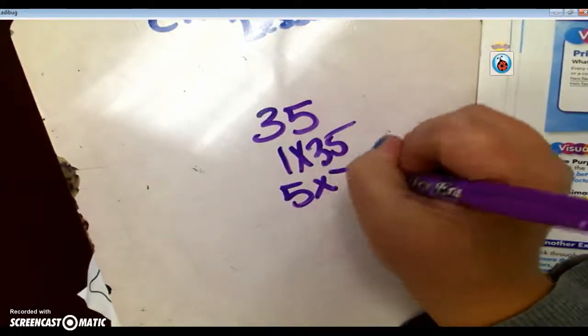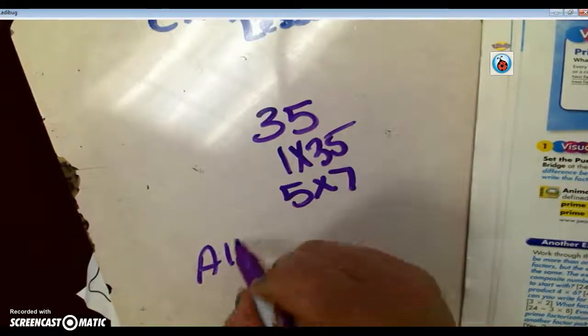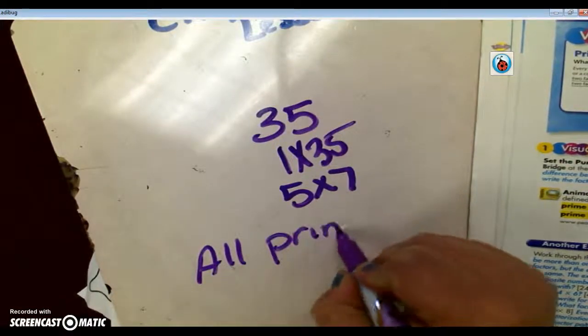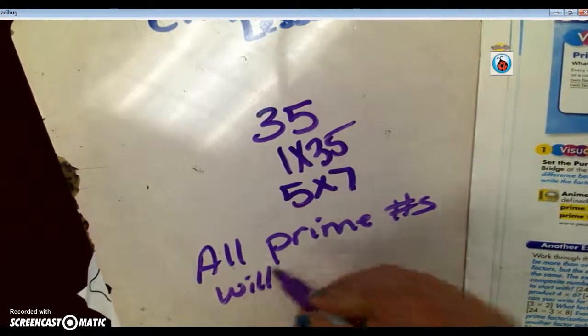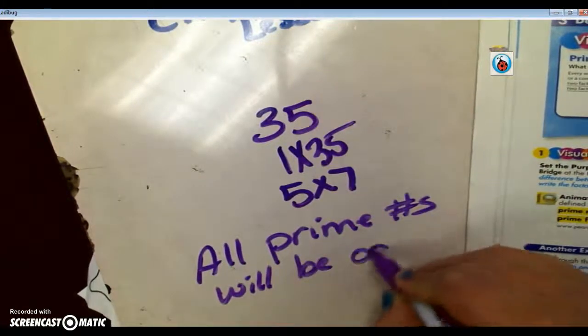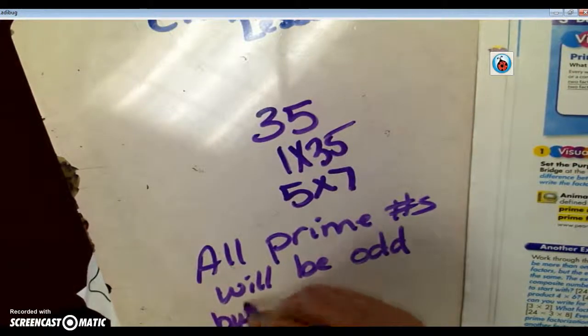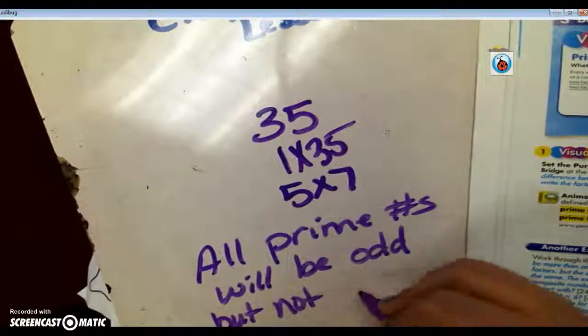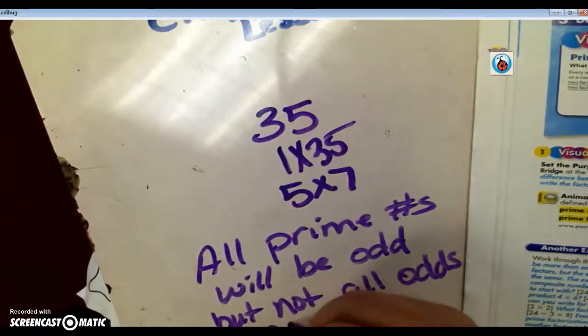I could do 5 times 7. Okay? So, listen when I say this. All prime numbers will be odd, but not all odds are prime.